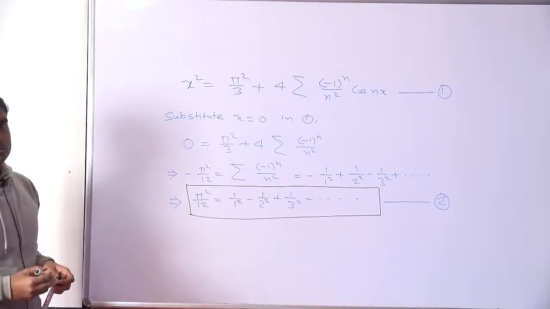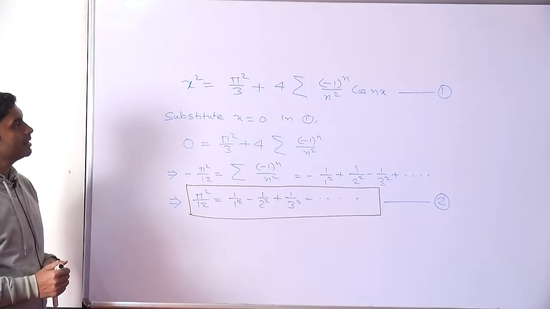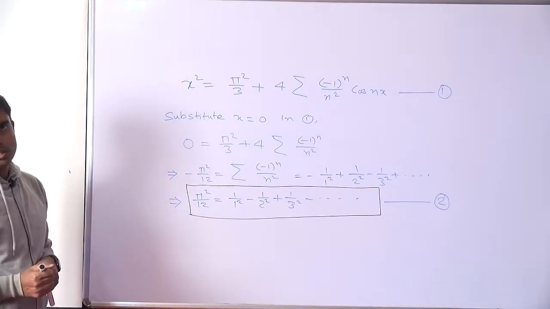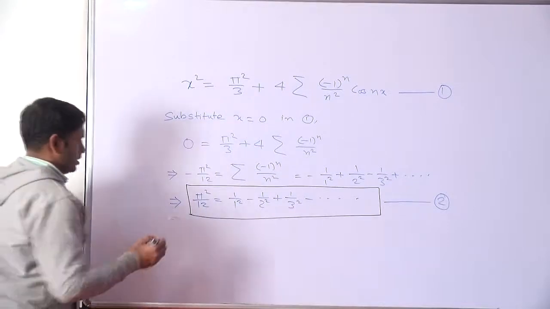Now again we are substituting x = π in equation 1.